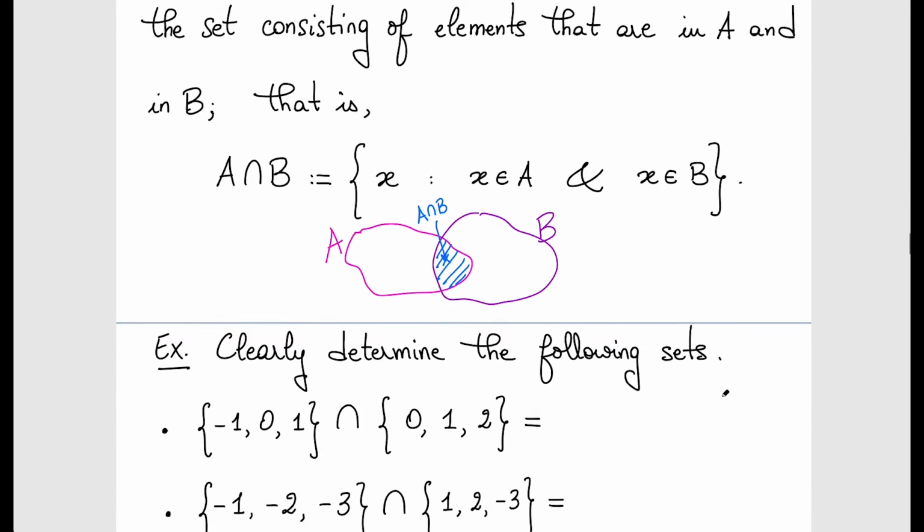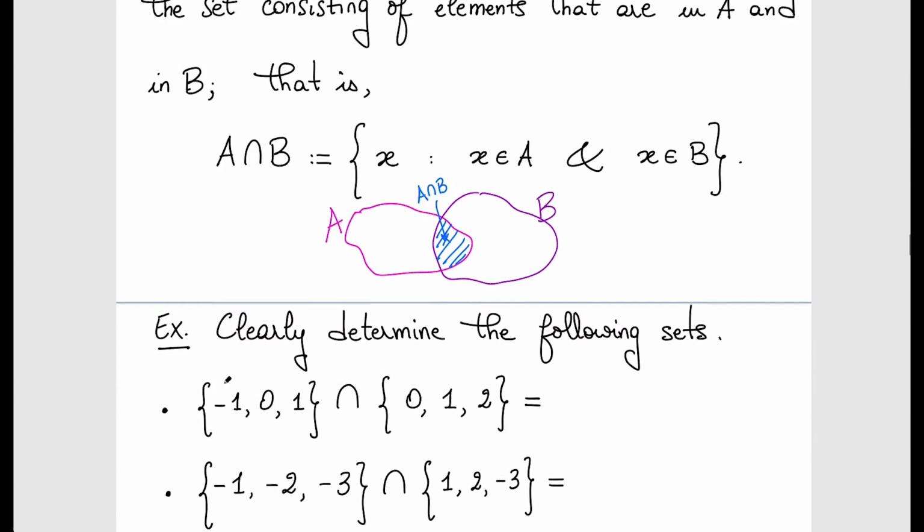All right, let's take examples. Let's look at the first one. Clearly determine the following sets. So you have this set, which consists of numbers that are -1, 0, and 1, and you wanna take the intersection of this set with the other set, which is also made up of 3 elements, but now these elements are 0, 1, and 2.